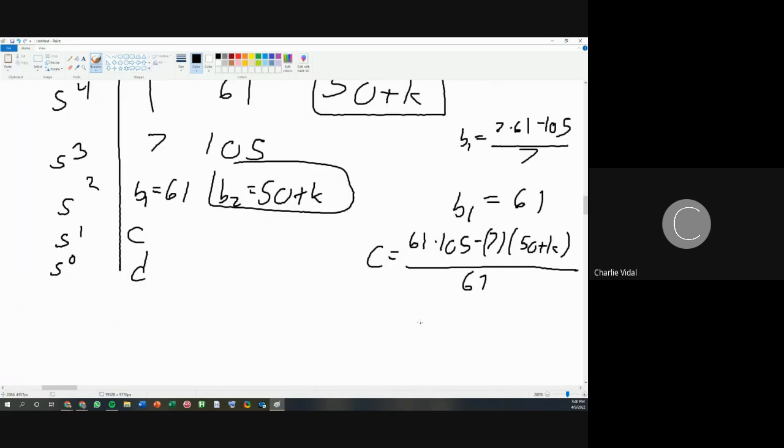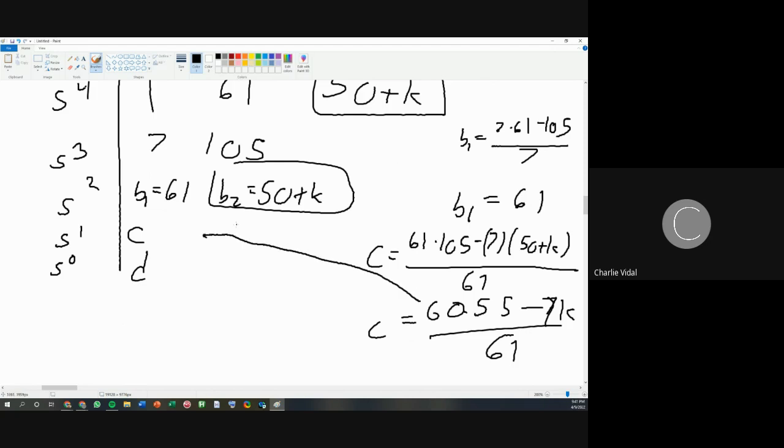And that is C is equal to 6055 minus 7K, divided by 61. Cool. I'm not going to write that again because that was too long. D is, of course, you follow this rule again, 50 plus K.